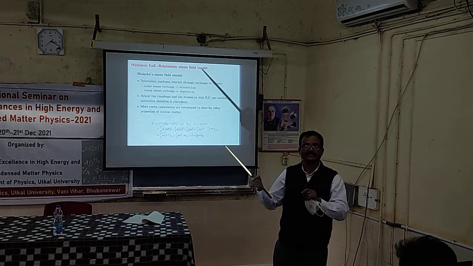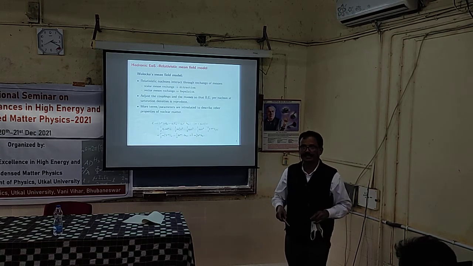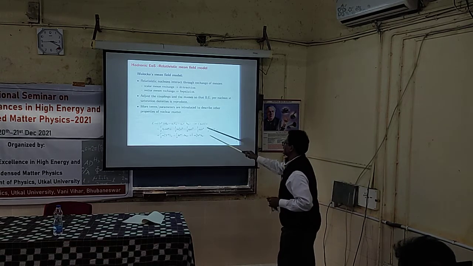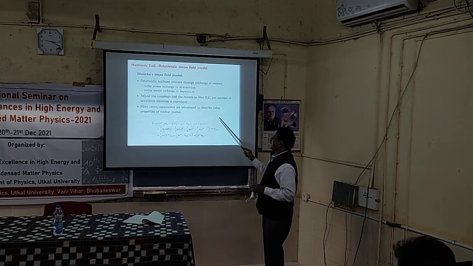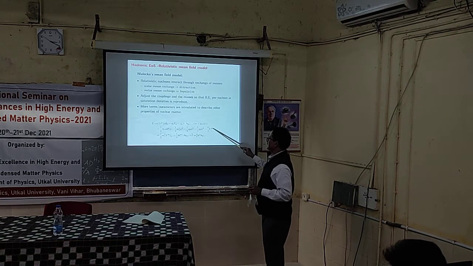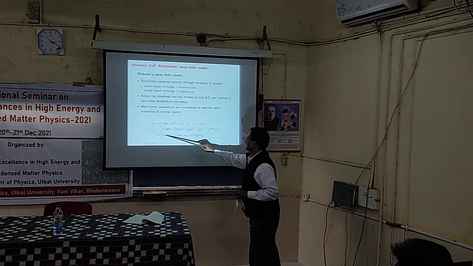You have a scalar interaction and a vector interaction, and you can later put in different kinds of terms to describe other properties of nuclear matter, such as the phi-squared and phi-fourth terms.